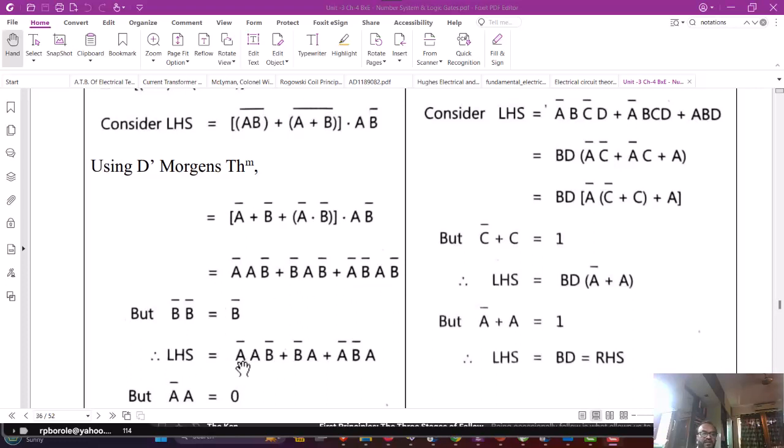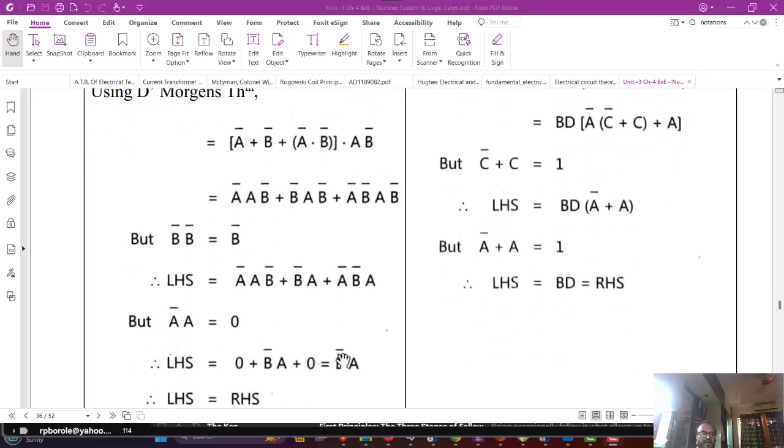So LHS becomes A bar A B bar, or B bar A, or A bar B bar A. But we know that for a variable and its complement, the ANDing operation of A and A complement is 0.